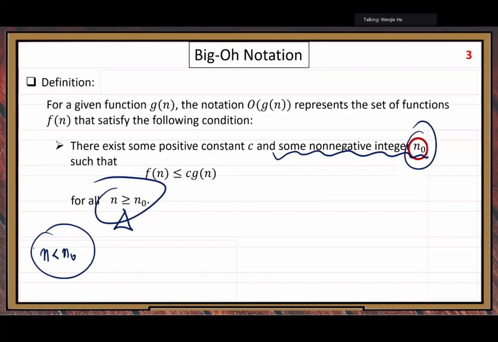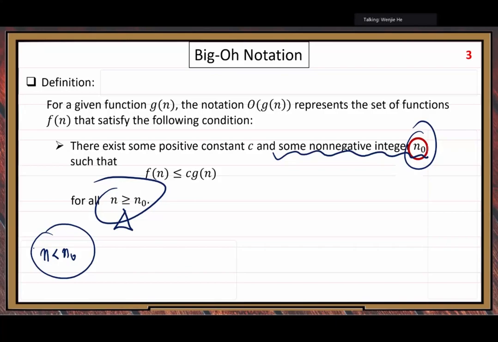Another, a little deeper way to understand this part, not important. So think about it. You have two algorithms, one better, one worse.